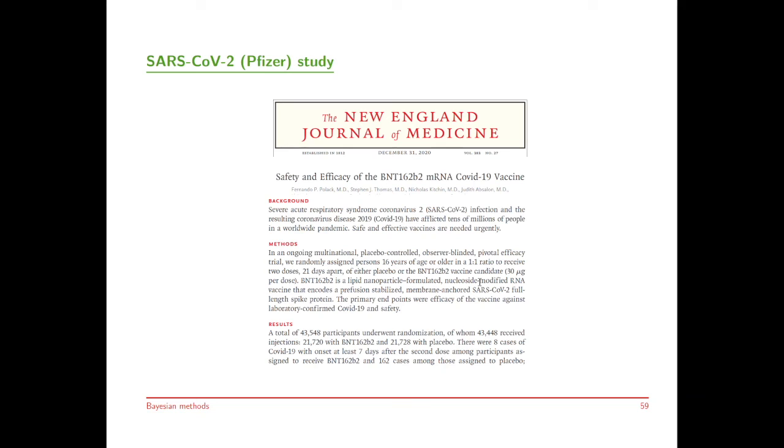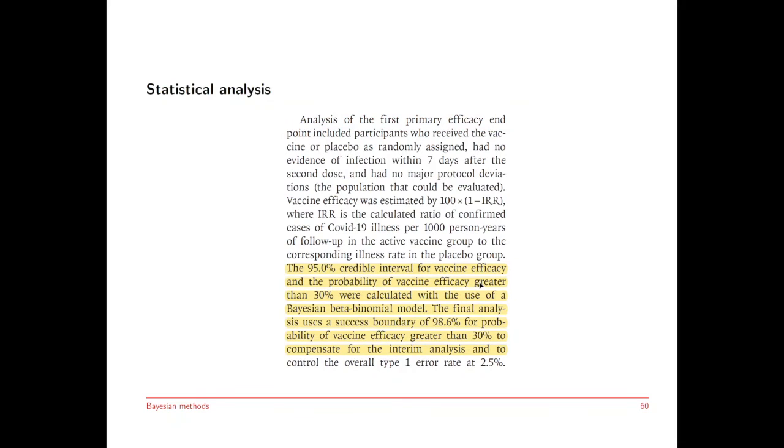This is the Pfizer study showing the safety and efficacy of the vaccine that they used to treat patients with COVID. On this slide you can see that they used a credible interval, which is another term for Bayesian confidence interval, and they also used the Bayesian beta binomial model, which simply says that they combined a binomial likelihood with a beta prior.